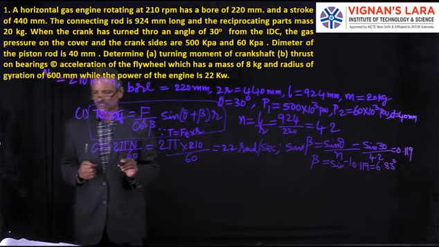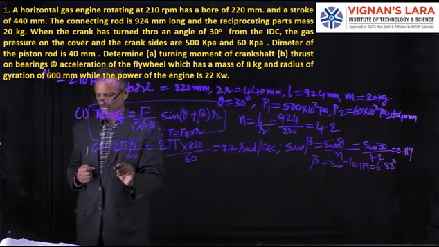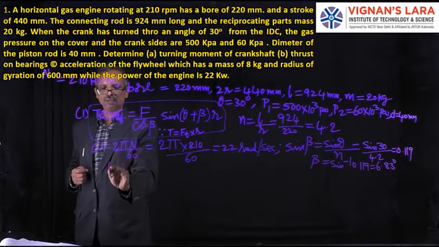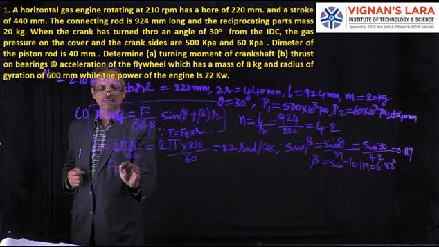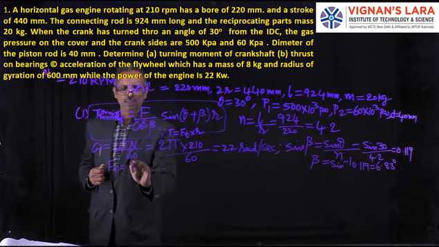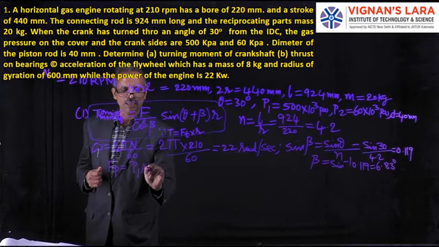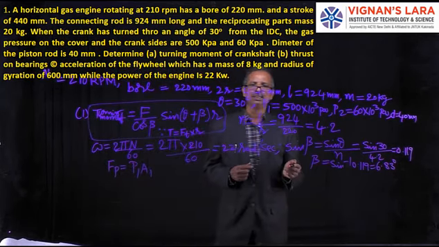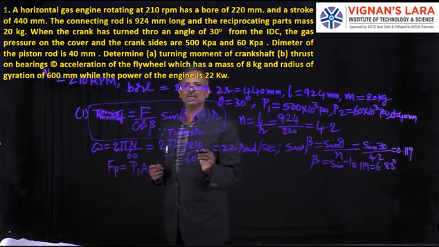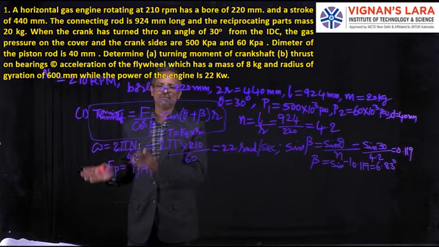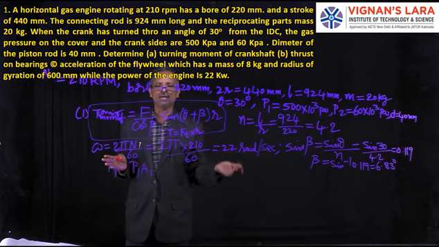Then what is my next part? F. How to get F? First we have to find Fp, that is the force on the piston. You know that whether it is a horizontal engine or a vertical engine, the net force acting on the piston is the difference of the force on one side and the force on the other side.